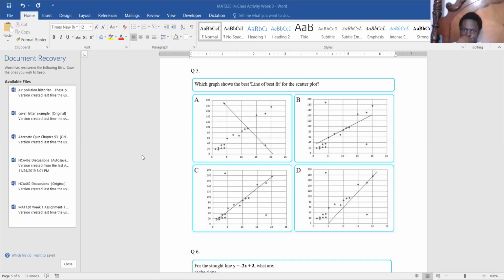So would you go with C, Mike? You're muted. I'm muted. What did you say? Would you go with C? No, I wouldn't either. Scatter plots are more scattered information, but they are organized.